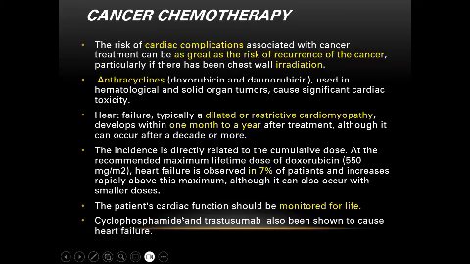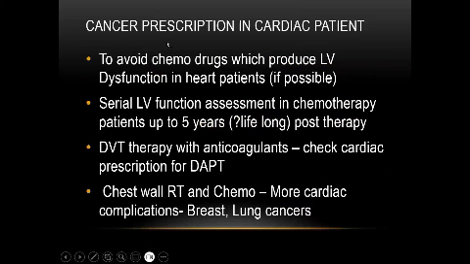Cyclophosphamide and trastuzumab are known to produce heart failure, but it is reversible. So the prescription principle for a cardiac patient with cancer is to avoid drugs which can produce LV dysfunction if possible. If at all you have to use them, use a lower dose, and after receiving these cardiac-toxic drugs for chemotherapy, serial estimation of heart function is necessary, at least for 5 to 8 years, if not lifelong.